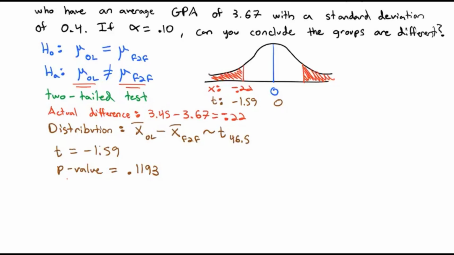What does that p-value of 0.1193 mean? Well, remember, the p-value is the probability the null hypothesis is true given our survey.